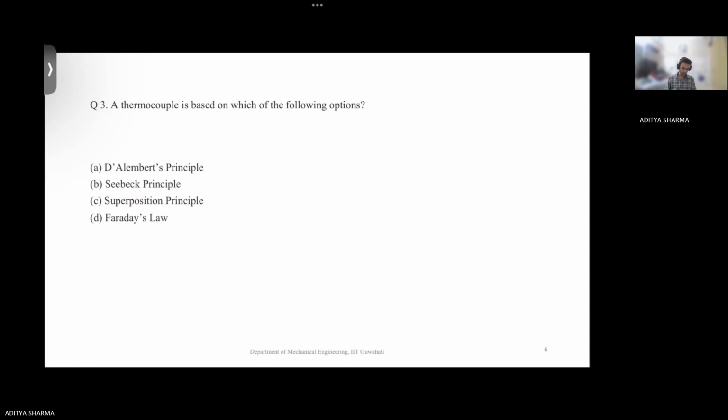Four options are there. I've already told you the Seebeck principle.